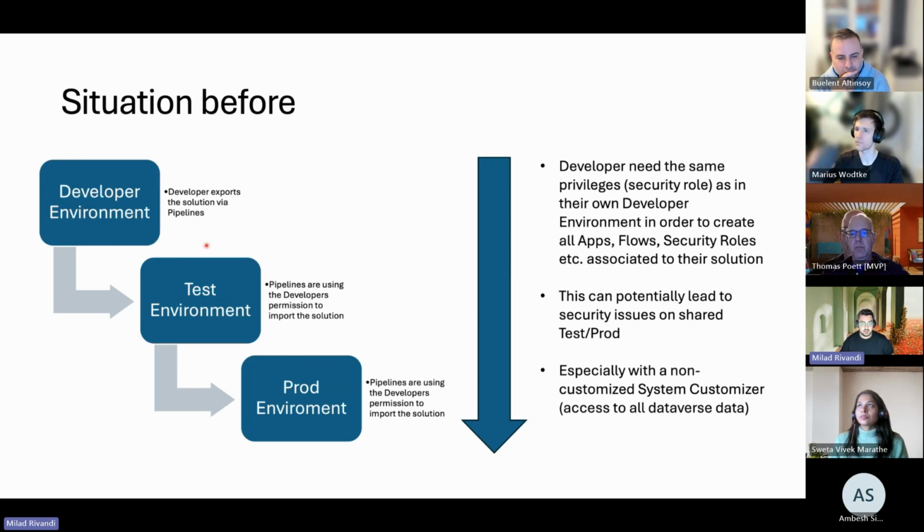So when they're able to create a security role in the developer environment, they also need the same permissions to do that in the test and prod environments, because the usage of the pipelines is an easier way than exporting and importing the solution.